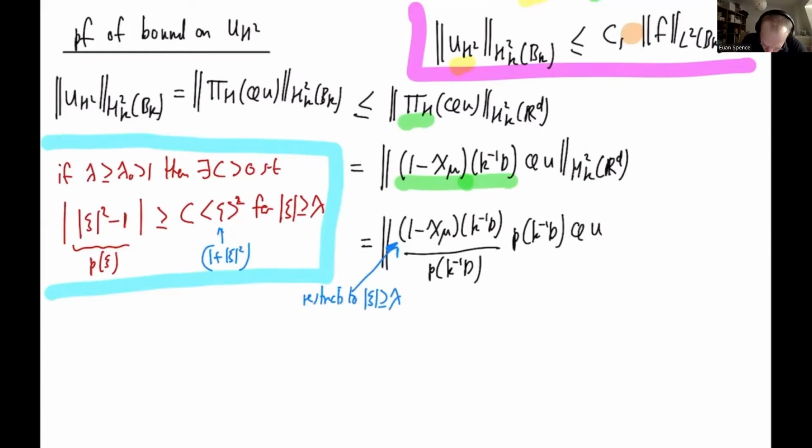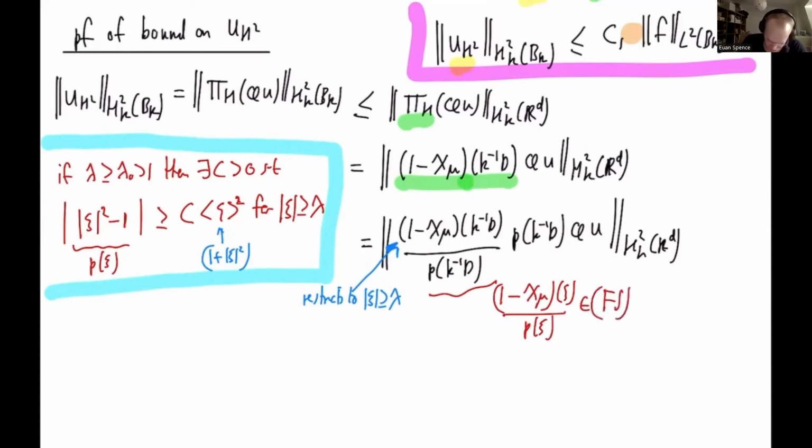Okay, so let's be more precise about this. The claim here is that (1 minus chi_mu of psi) over P of psi is a Fourier symbol, and in fact I'm claiming it's a Fourier symbol of order -2. Because I'm dividing by this P, this P could be 0 if psi were 1, but the high frequency cutoff is getting rid of these frequencies where psi is less than or equal to lambda.